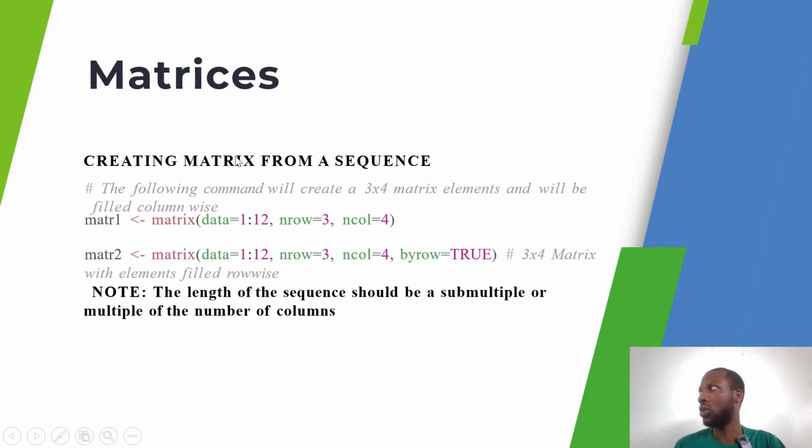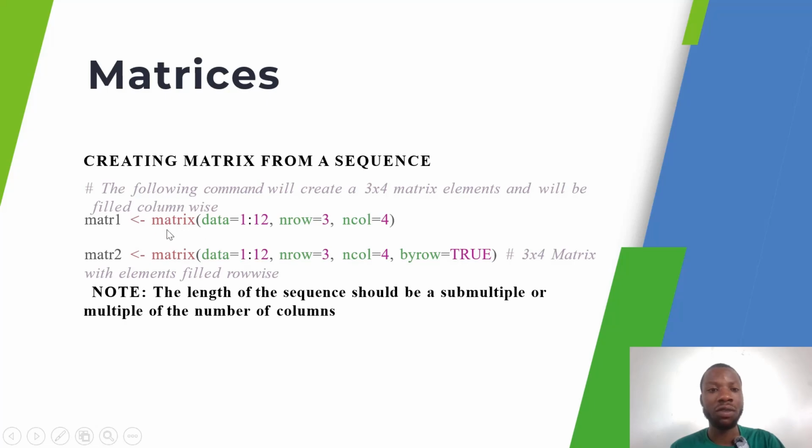Creating matrices: most of the time, we create matrices from a sequence. As we have seen with the sequence operator, I don't want to type a lot, but I can command the programming language to generate it for me. So this is an example of how we can create a matrix.